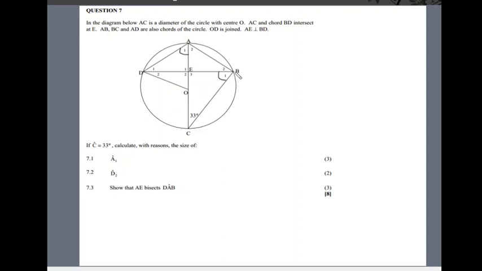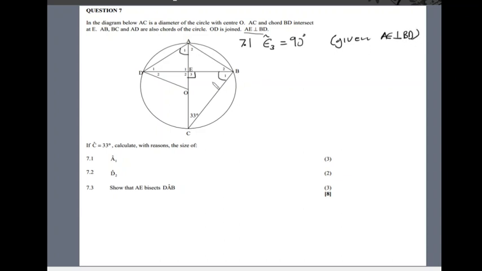And then if you look at triangle BEC, you'll see ukuthi E3 is equals to 90 because we were told ukuthi AE is perpendicular to BD, right? So answering 7.1, I would start by writing E3 is equals to 90 degrees. This is given. We are given that AE is perpendicular to BD.